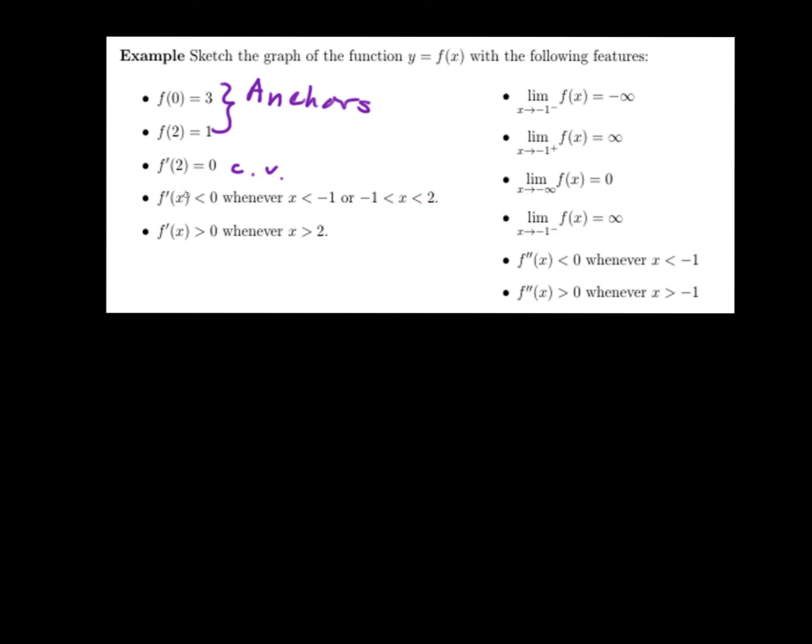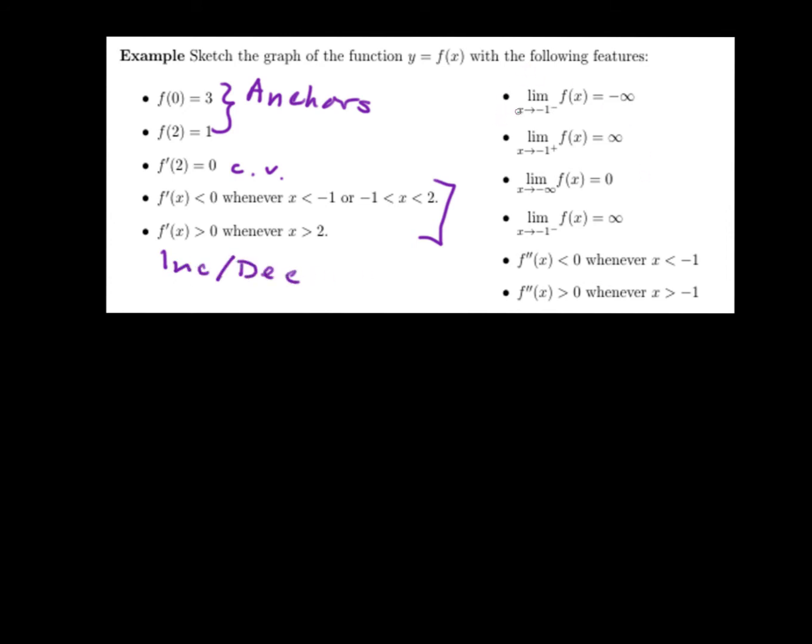It didn't say anything about the derivative at -1, so that means something interesting is probably happening there. And then the derivative is positive whenever x is greater than 2. So this is all about increasing, decreasing, right? Because if the derivative is positive, it's increasing. If it's negative, it's decreasing. So this is all about increasing and decreasing.